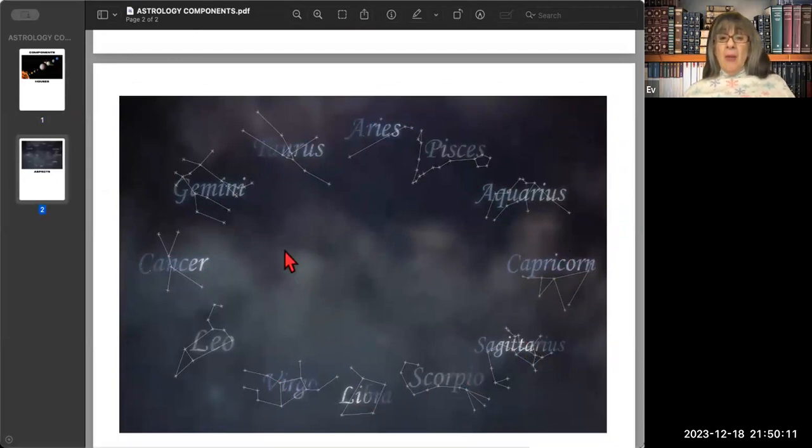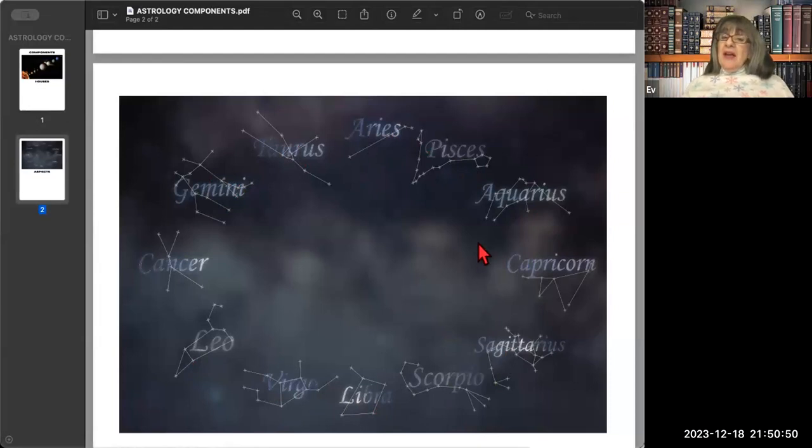And if you look up at the sky, we have all the zodiac signs represented with their corresponding star constellation. So we have Aries, Taurus, Gemini, Cancer, Leo, Virgo, Libra, Scorpio, Sagittarius, Capricorn, Aquarius, Pisces, and Aries. See? And it just goes around in a circle.